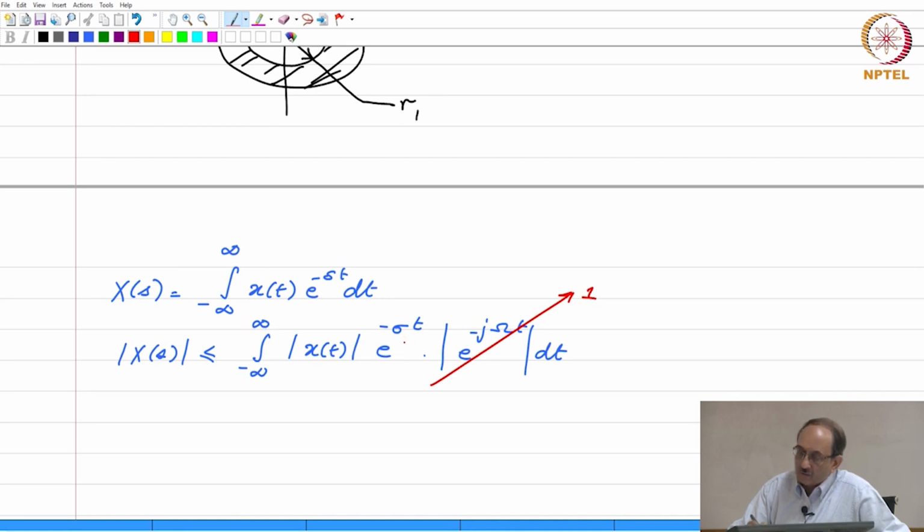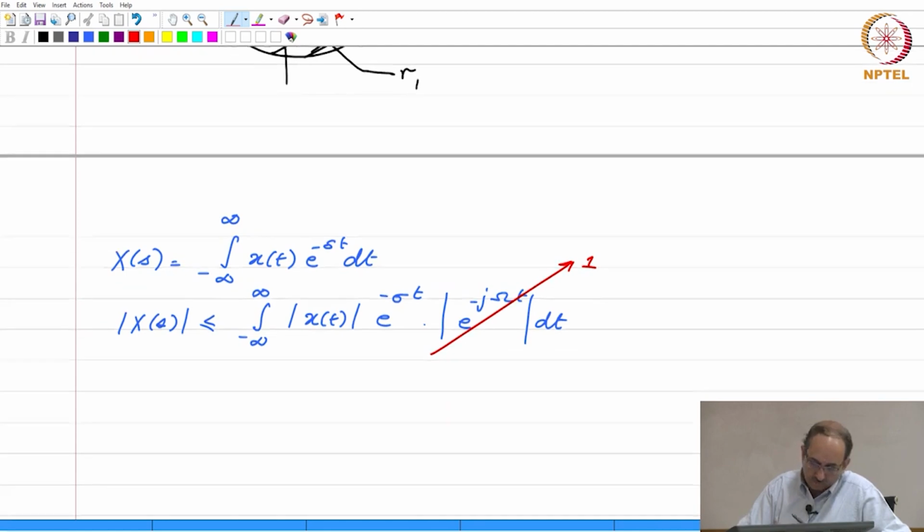That is why there the convergence happened between vertical lines, because the parameter governing convergence was the real part of s, whereas here the parameter influencing convergence is the radius r. That is why what is happening in the Z transform case is between two circles. What was happening between two vertical lines earlier is now happening between two concentric circles.